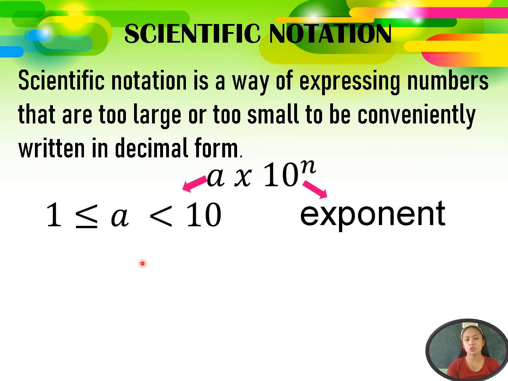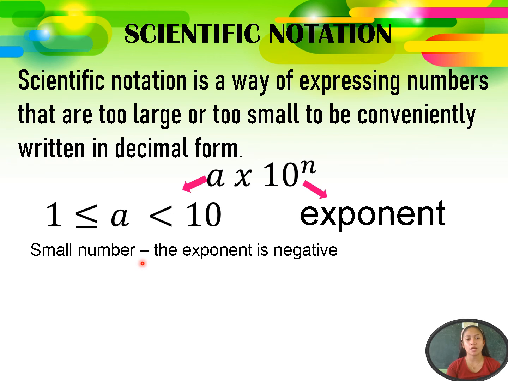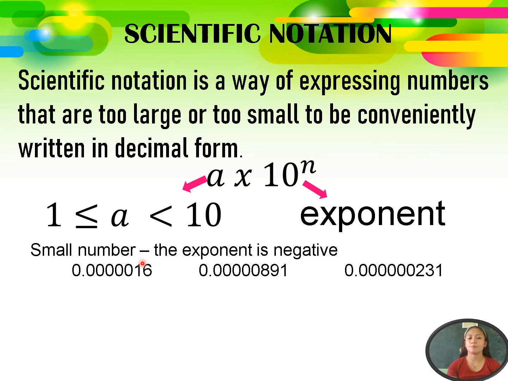And the thing that you should also keep in mind in writing numbers in scientific notation is that you need to identify if it's a small number or a big or large number. For small numbers, the exponent should be negative. When can we say that it is a small number? So we have here the following examples.